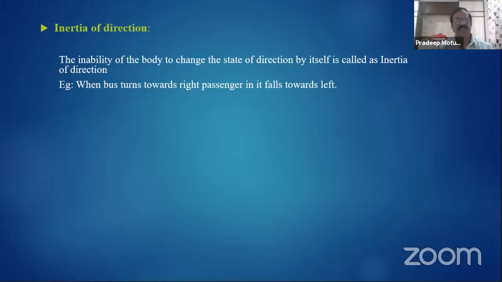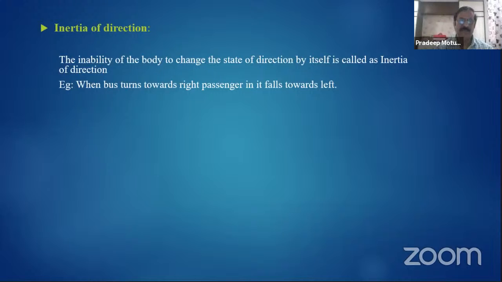Hope you understand the types of inertia. Whatever it may be, the one thing you should remember is that the property of the inability of the body to change itself, its state of rest, or state of motion, or state of direction, explains inertia.